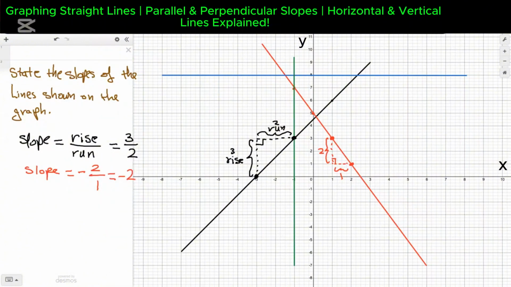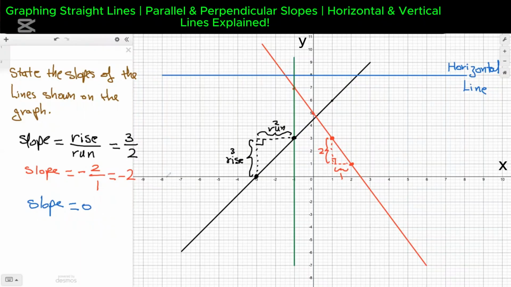Okay. Now we'll go to the blue line, the slope of the blue line. If you look at the blue line, it's what we call a horizontal line. When you have a horizontal line, the slope is 0. You could memorize that.